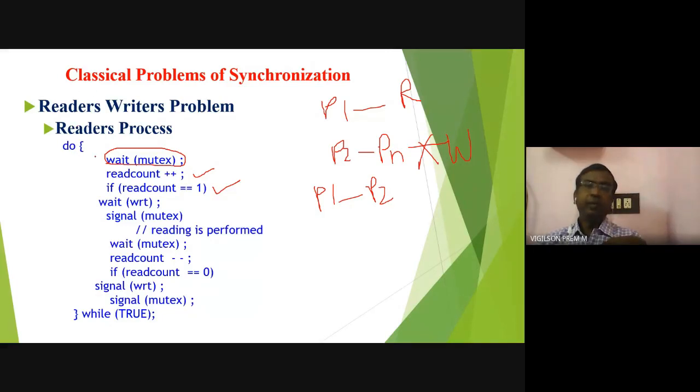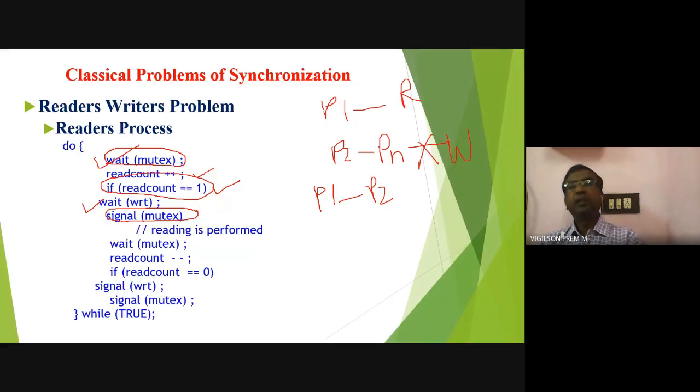Already here, what are we waiting for? When reading is performed, writing is not allowed. When writing is performed, reading is not allowed. So the reader process is executing, and the writer process is not allowed. If read count is at least equal to 1, all write processes must wait. Then once the waiting is over, I am signaling for mutex.